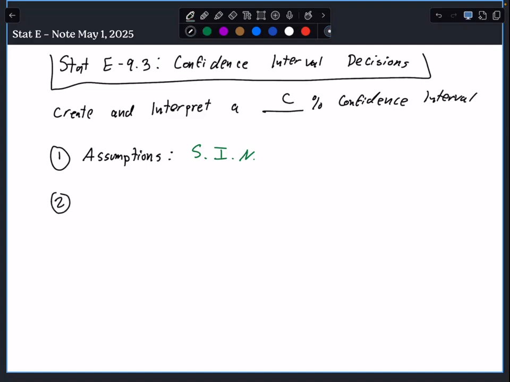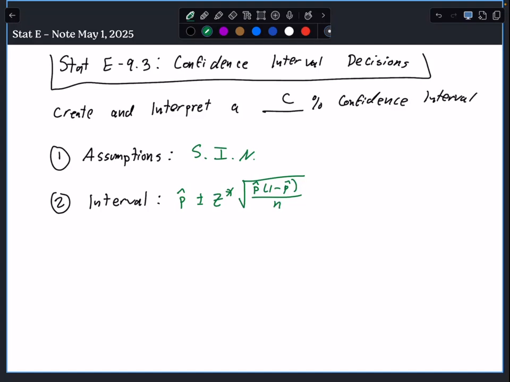Step 2, the thing that we're doing is we're going to find the interval, which means we are going to use the formula p hat plus or minus z star times the square root of p hat (1 minus p hat) over n.